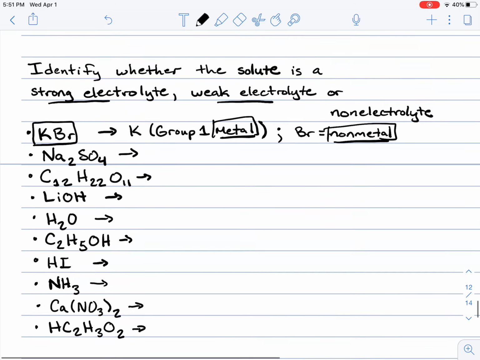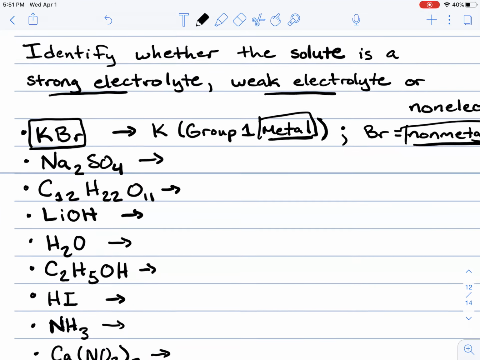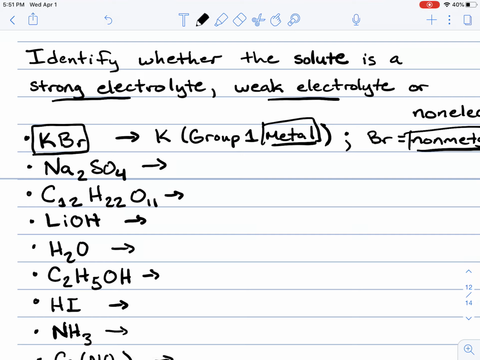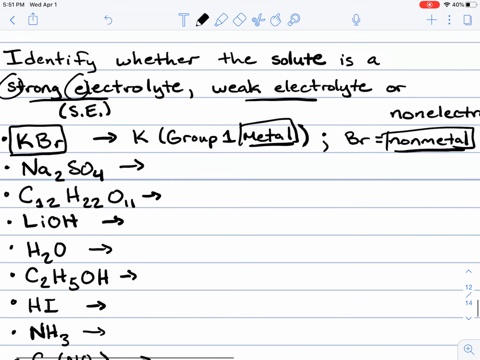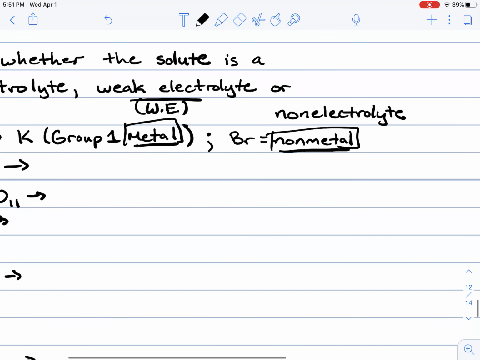And so just through that justification, we can identify that KBr is a strong electrolyte. Since it's such a lengthy word to write, I'm going to abbreviate strong electrolyte as SE, weak electrolyte as WE, and non-electrolyte as NE.